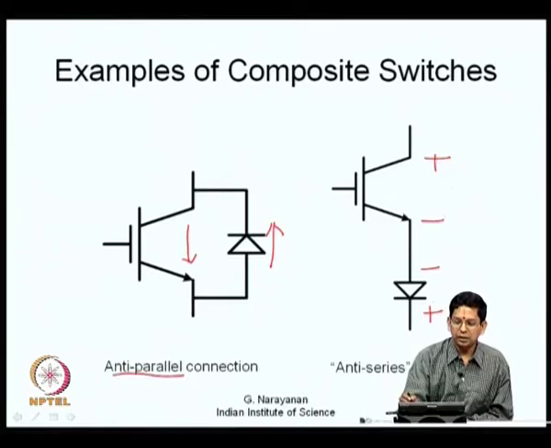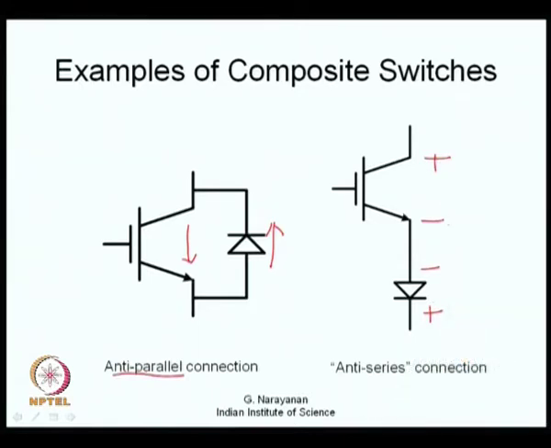These have polarities of blocking which are opposite to one another. What we are doing is, basically we are connecting two elements in series and both the elements conduct in the same direction, nevertheless they block voltages of opposite polarities, and here we can call this an anti-series connection. This is not a very commonly used expression and therefore, you find it within quotes.